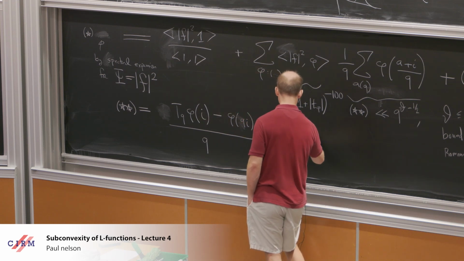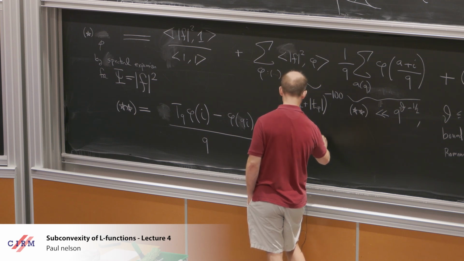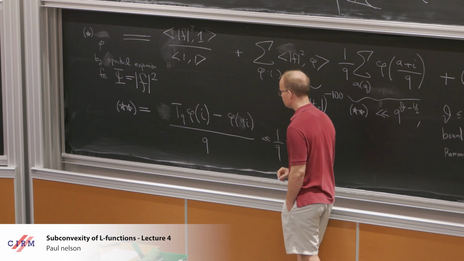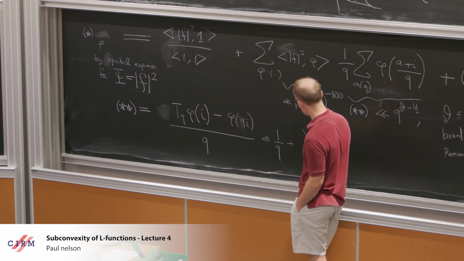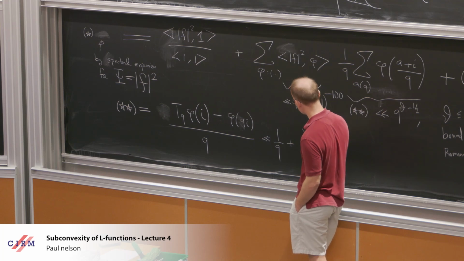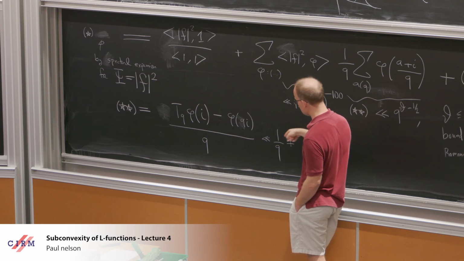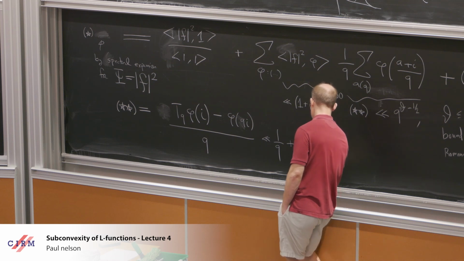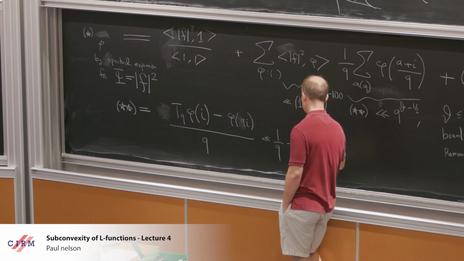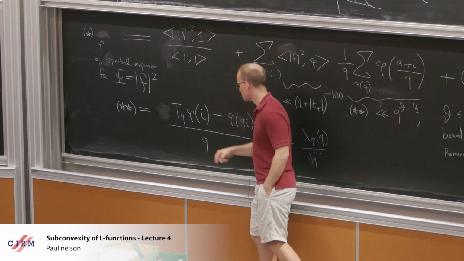But we get basically the Hecke eigenvalue at q of phi. And I guess the normalization is that when we write this, it typically is 1 over square root of q times the unnormalized Hecke eigenvalue. So we should divide this by a further square root of q to get the actual estimate involving the unnormalized Hecke operator.